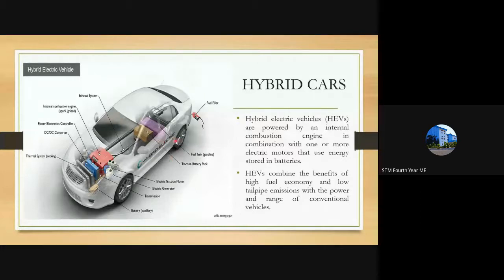Instead of that, there is a component present in the vehicle known as the alternator. So what is the purpose of the alternator? The alternator charges the battery that is present in the vehicle.